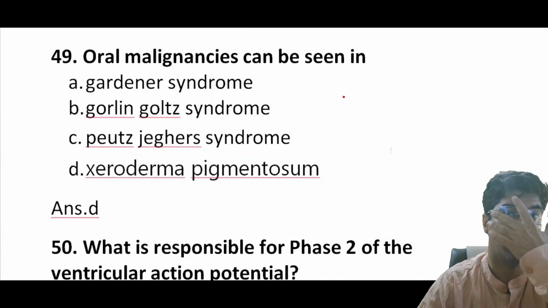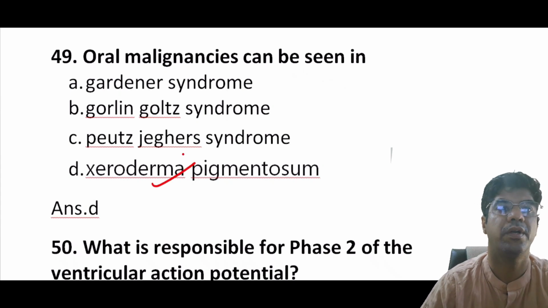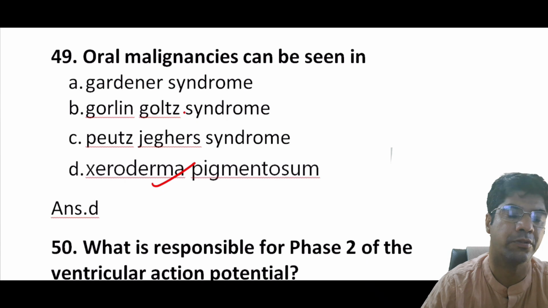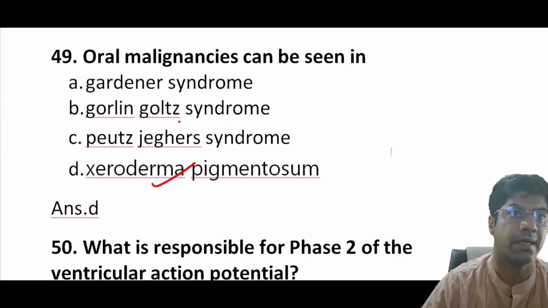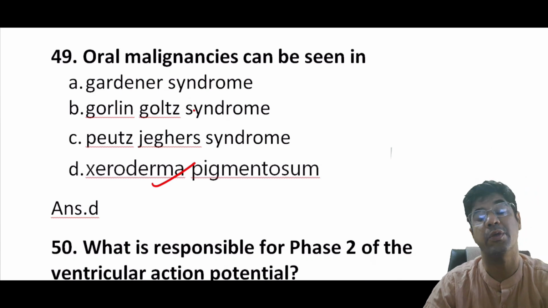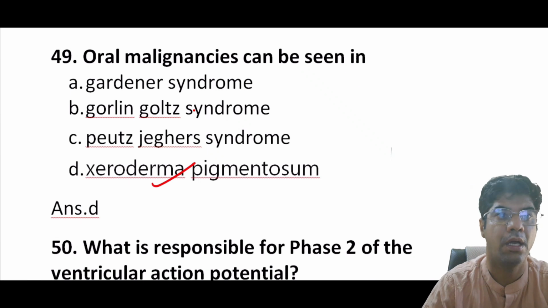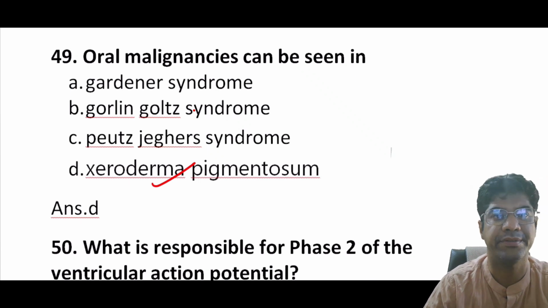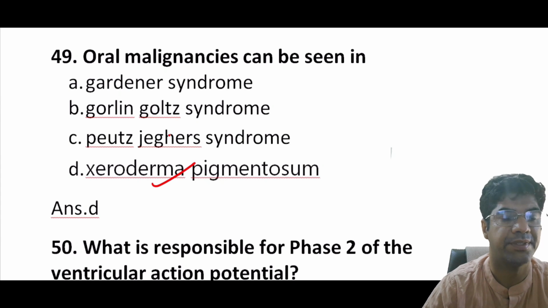Coming to the next question, the oral malignancies can be seen in, the answer is xeroderma pigmentosum. Well, xeroderma pigmentosum, it is a rare autosomal recessive condition. So that is characterized by extreme sensitivity to UV light, resulting in sunburn, freckling, and increased risk of developing skin cancers, including squamous cell carcinoma and basal cell carcinoma.